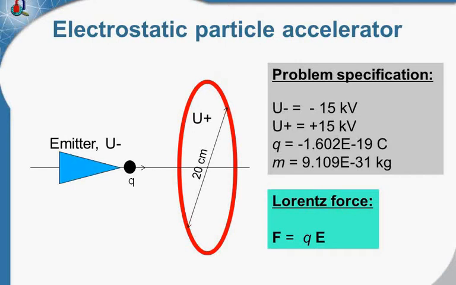Again, the charged particle would be the electron. The electrons are emitted from the emitter and accelerated by the electric field. Our task is to calculate the final speed of the charged particle.